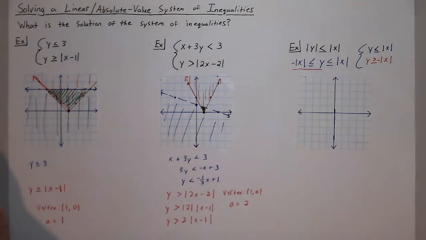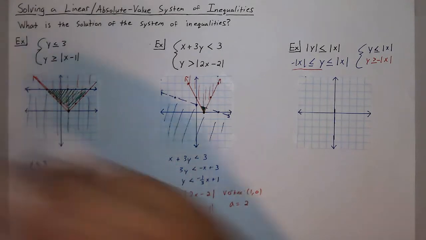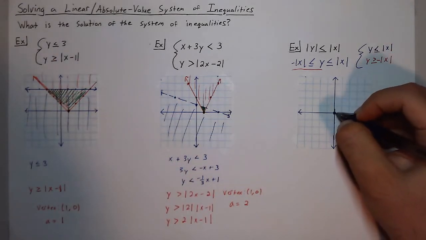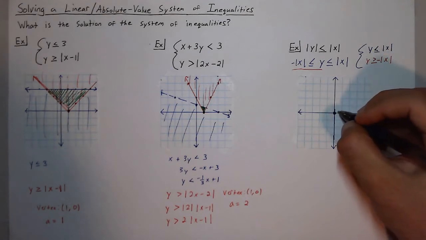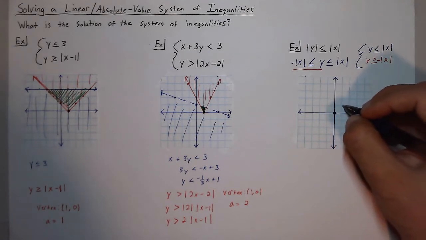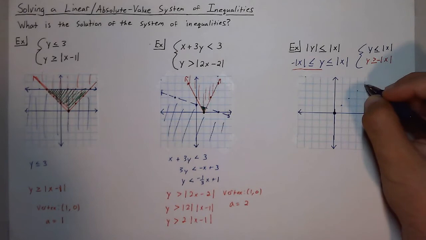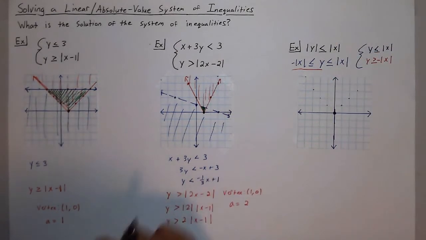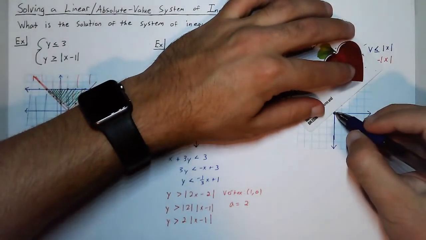So if I were to go and graph both of these inequalities, first, absolute value of x has a vertex at the origin and a slope of 1 to the right, if you remember our parent functions when I first introduced absolute value graphs, and that would be a solid line.